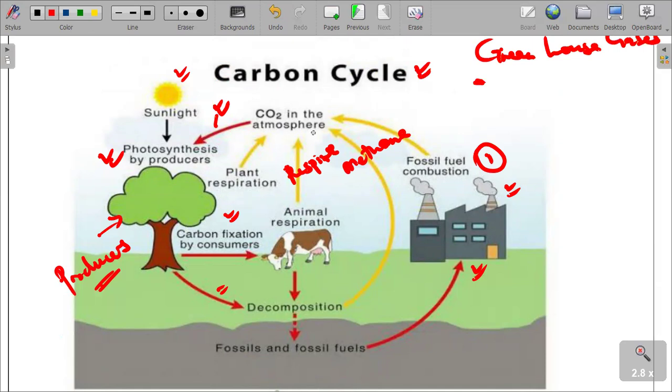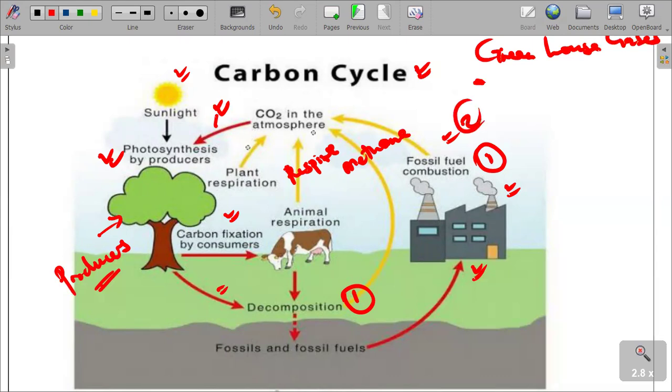As you can see from this diagram, I have already identified and named these ways. We can talk about, one, decomposition of plants and animals. We can talk about fossil fuels in combustion, which is number 2.